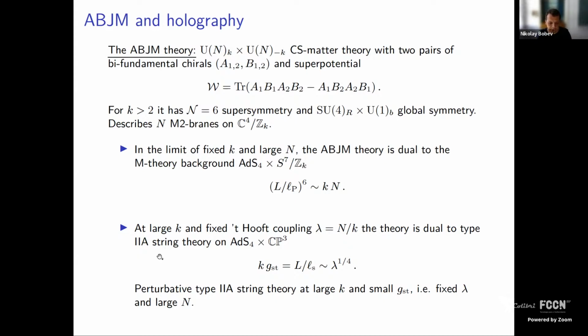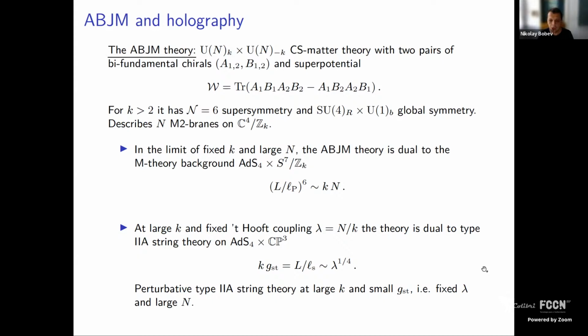This is the limit in which you have reduced from 11 dimensions to type IIA, and the dual is AdS4 times CP3. S7 can be thought of as a U(1) bundle over CP3, and as you increase k, you're making the circle very small, and you're going to the type IIA limit. I'm going to be interested in both of these limits.